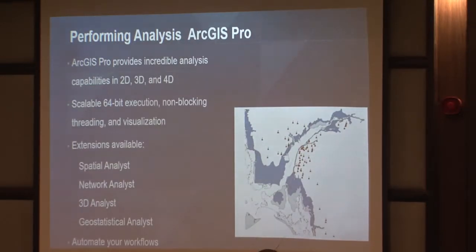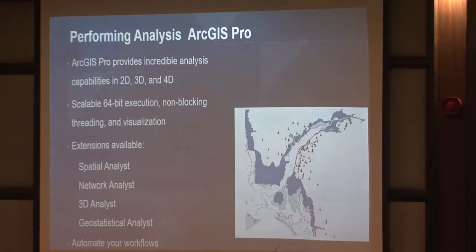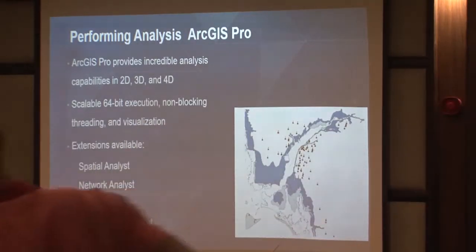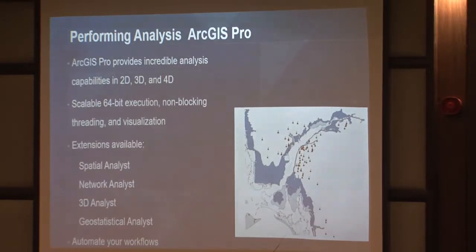We also say that ArcGIS Pro is very fast. It's a 64-bit application, and this makes it very fast because it allows your machine to maximize its capability to the maximum.